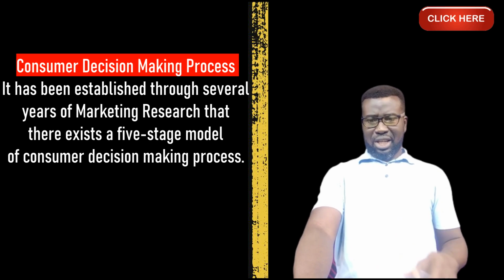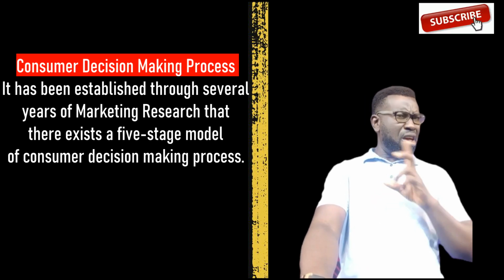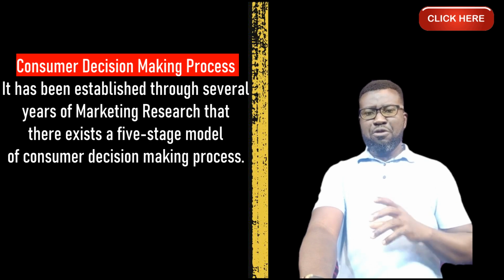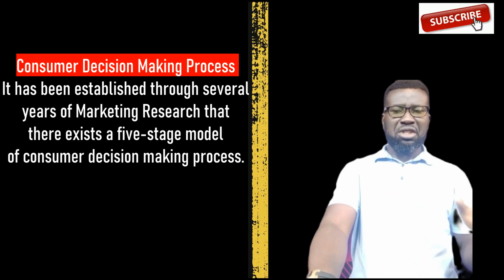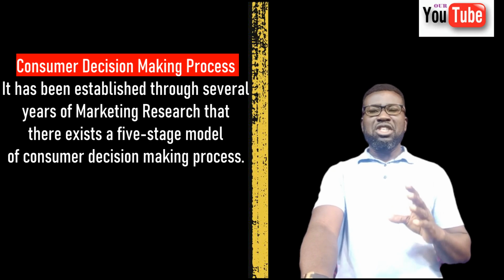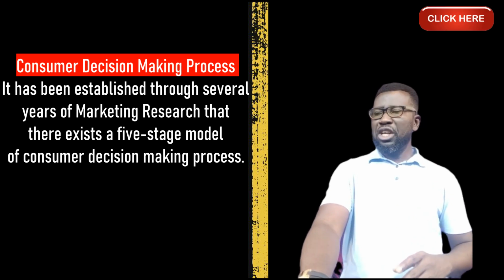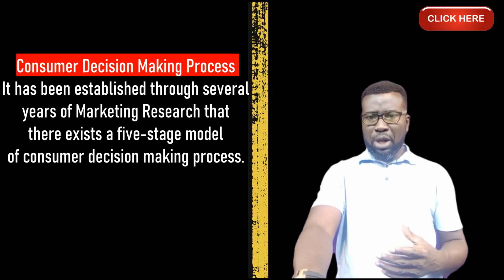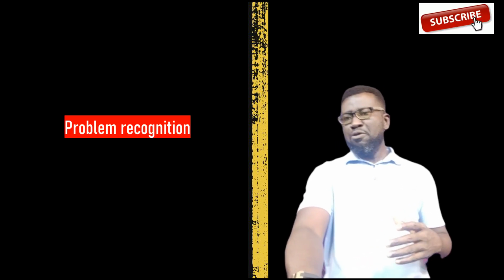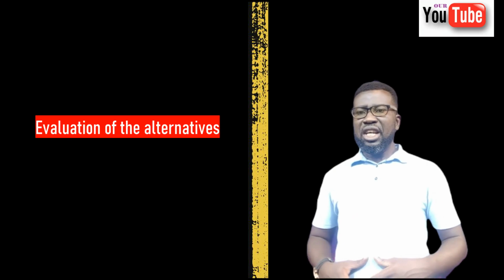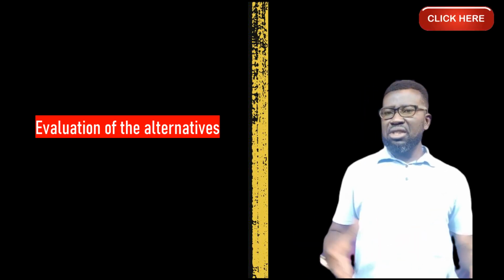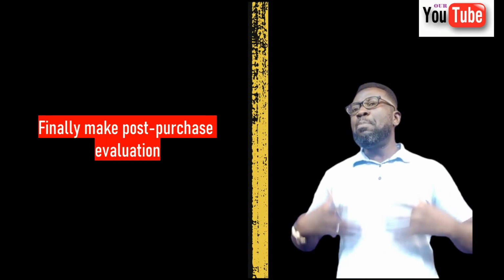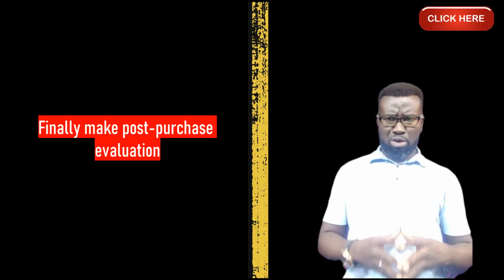It must be stated that in some situations, not everyone must pass through the five stages for every purchase they make. But consumers normally begin with problem recognition, followed by information search about the product, then evaluation of the alternatives, decision or decide on the product choice, and finally make a post purchase evaluation.